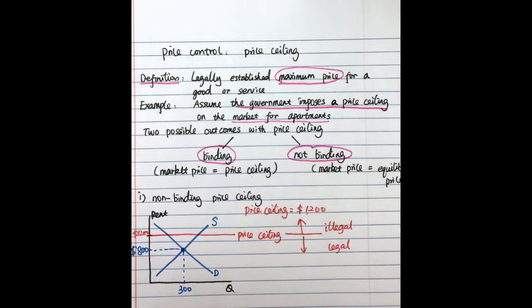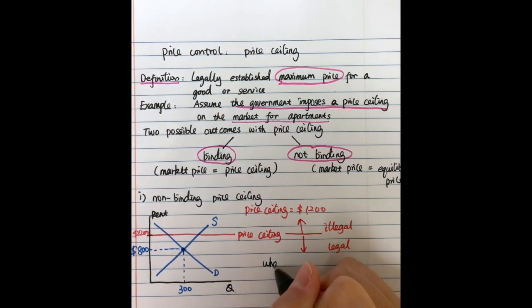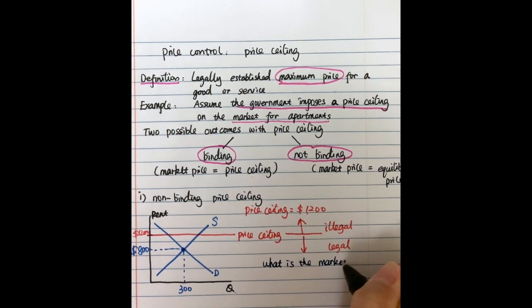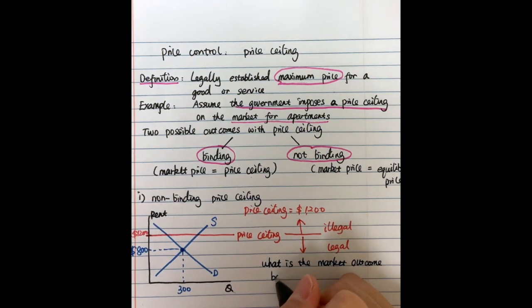So the question here is, what is the market outcome based on this price ceiling? Where is the market outcome?